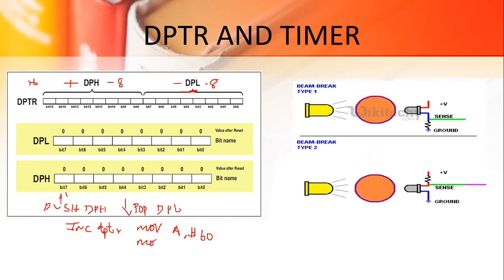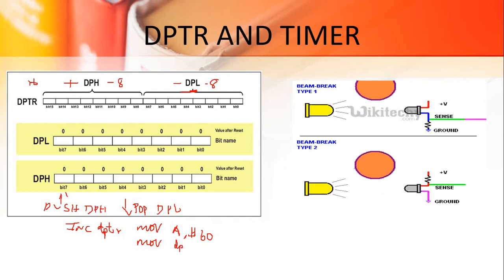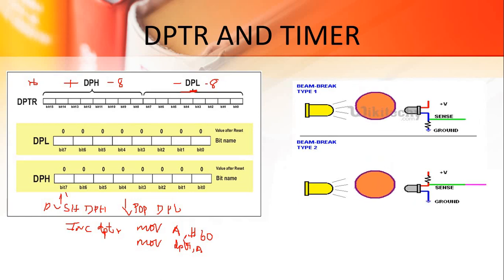So MOV DPTR, A means the data will move from the accumulator to the data pointer. The accumulator data is 60. MOV A, #60 stores 60 in the accumulator, and MOV DPTR, A moves that 60 to the data pointer. Now I can give any instruction to that.